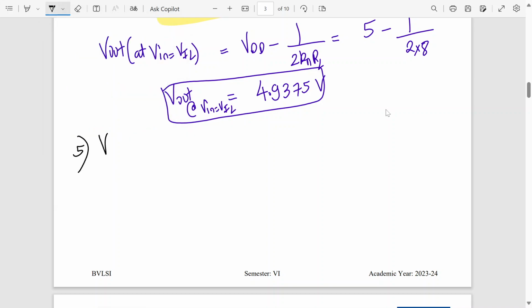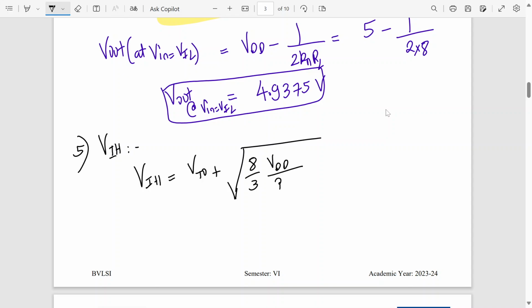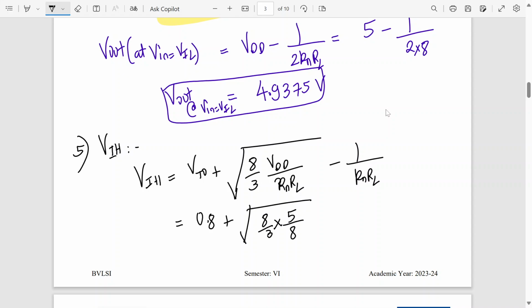Then next is VIH. So VIH, directly the formula is there. VTO plus square root of 8 by 3 VDD upon Kn into RL minus 1 upon Kn into RL. So VTO is 0.8 plus square root of 8 by 3 times VDD, which is 5, upon Kn into RL, which is 8, minus 1 upon 8.